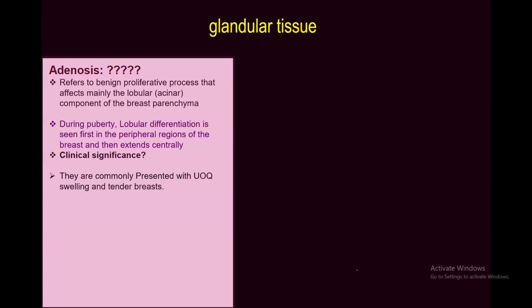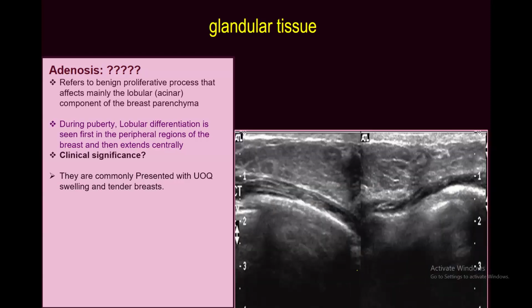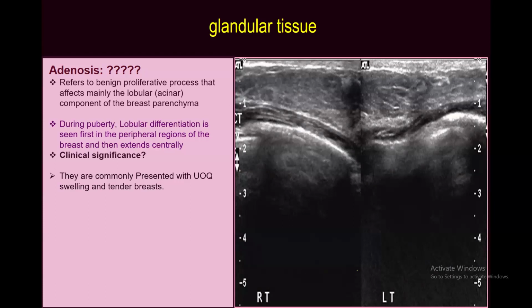They are commonly presented with upper outer quadrant tender breast swelling. Any suggestion for this abnormality or this finding? Do you have any suggestion for that? Can you see the image now? The upper outer quadrant.